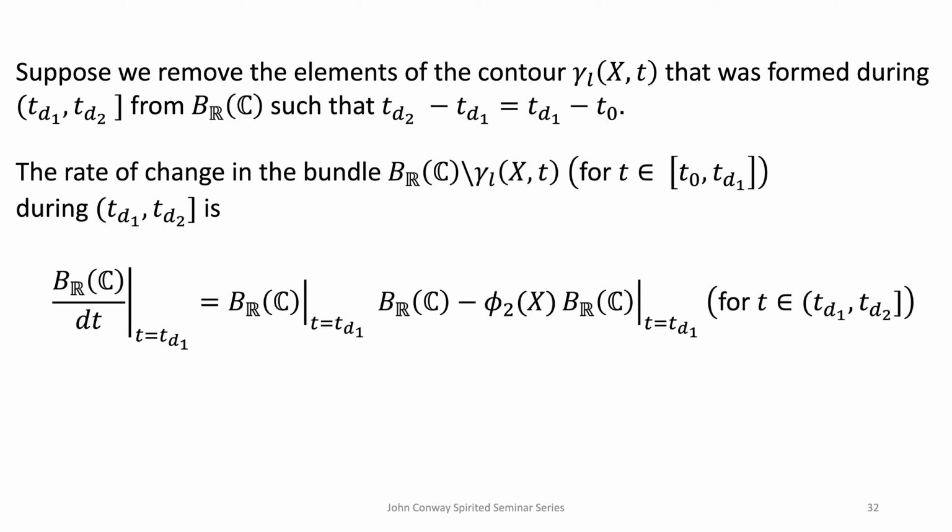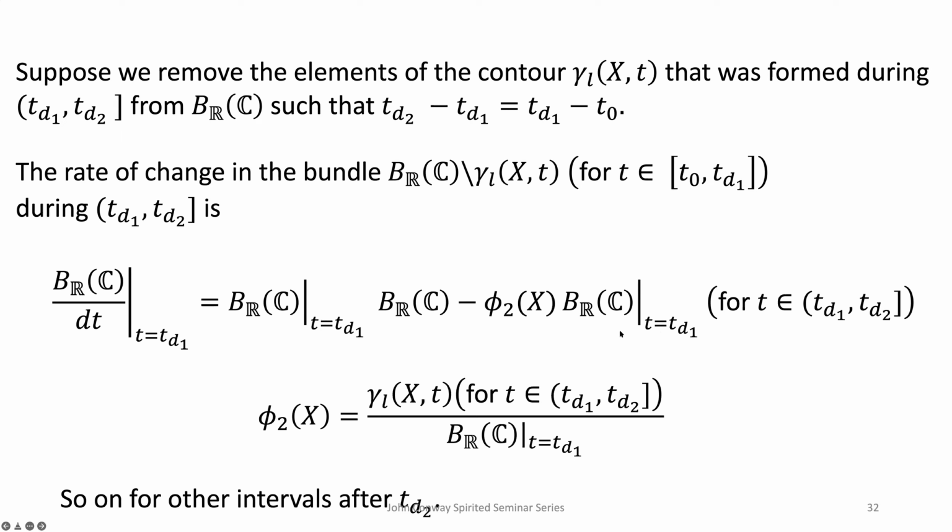So the equation at the TD1, the initial value, and then the second step removal process. First is phi 1 x for the interval T0 to TD1, and second interval TD1 to TD2, and so on.